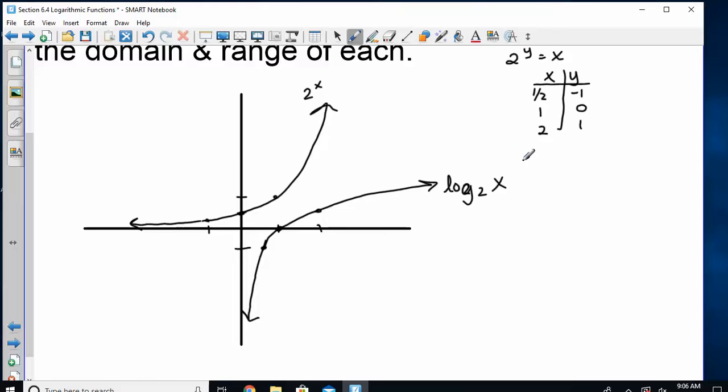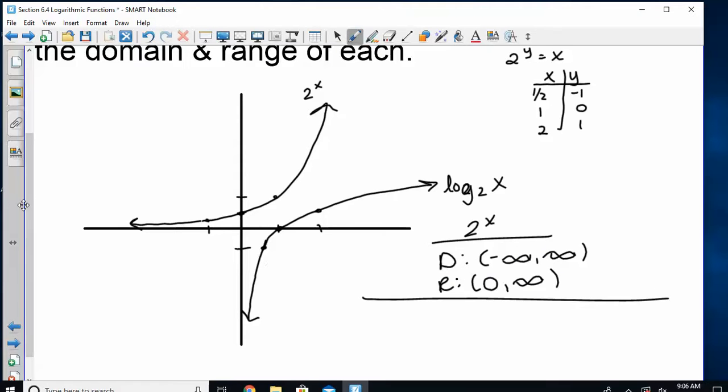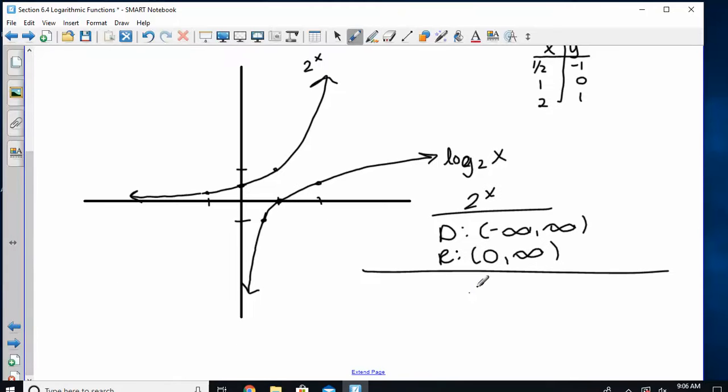They're inverse. If you looked at 2 to the x, the domain of that was -infinity to infinity, extended both directions. The range had everything greater than 0. If we said log base 2 of x, the domain this time, you're only getting the things bigger than 0.